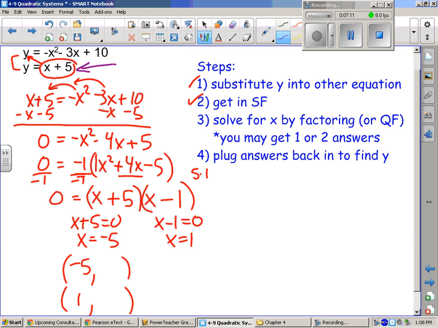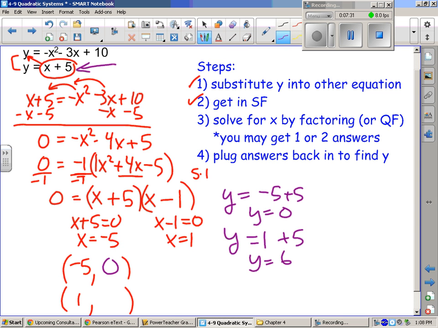Choose wisely, Grasshopper. Okay. All right, so putting in our negative 5 first, I get negative 5 plus 5. Well, that was easy. So I put a 0 with that one. That's one solution. The next one, I'm going to put a positive 1 in there. So y equals 6. So that's the other place where these graphs are going to crisscross.